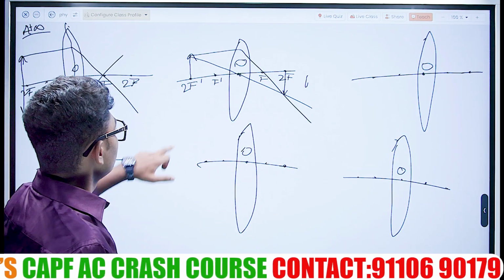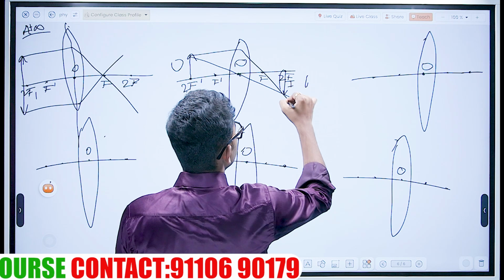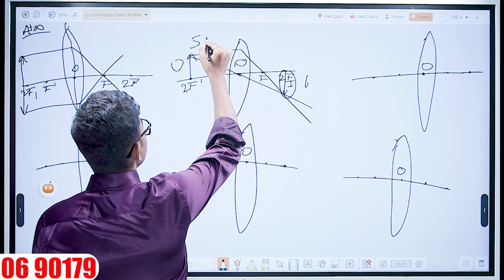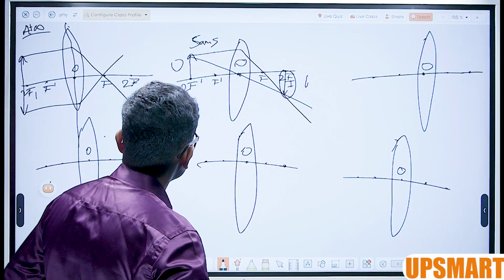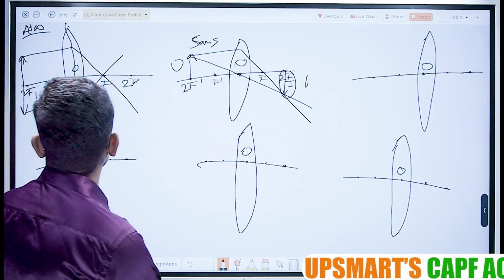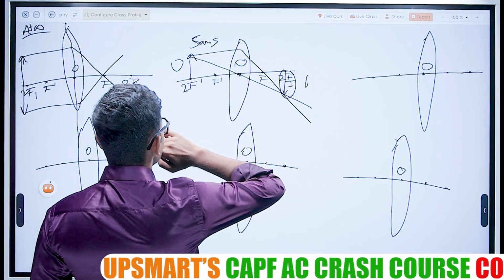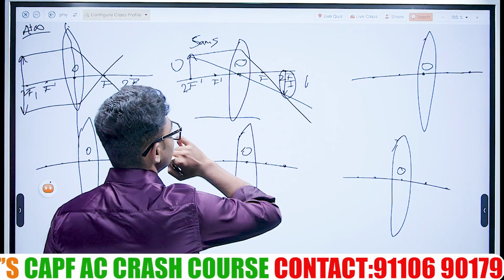So when the object is at 2F dash, the image will be at 2F. Same size. So this is at 2F dash.